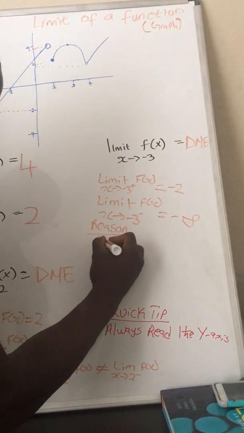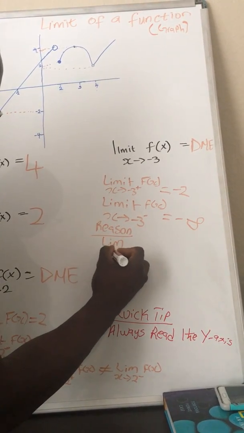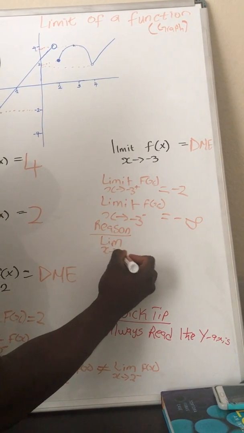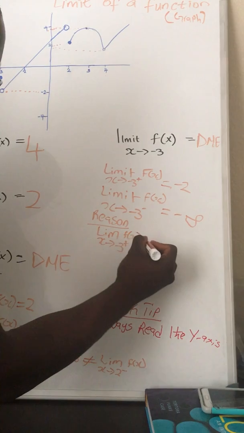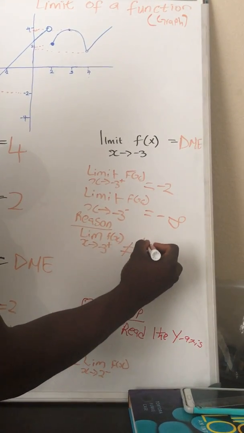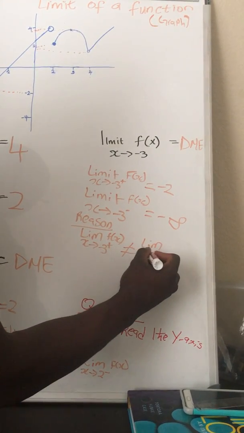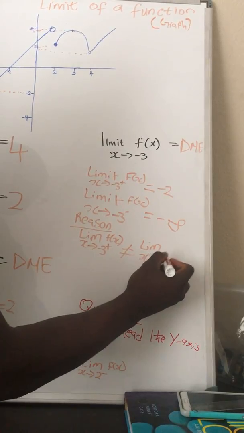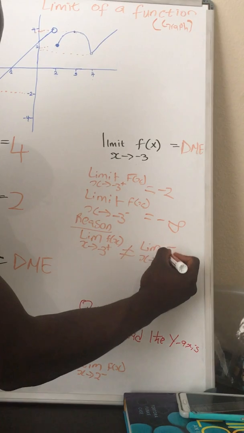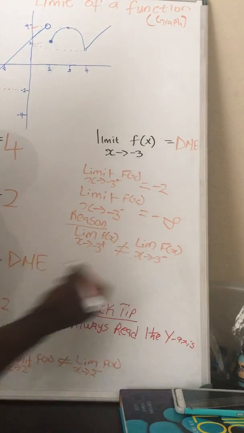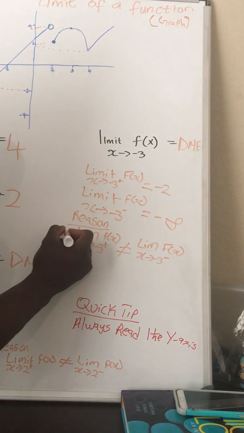The first reason is that the limit as x approaches -3 from the right of f of x is not equal to the limit as x approaches -3 from the left of f of x.